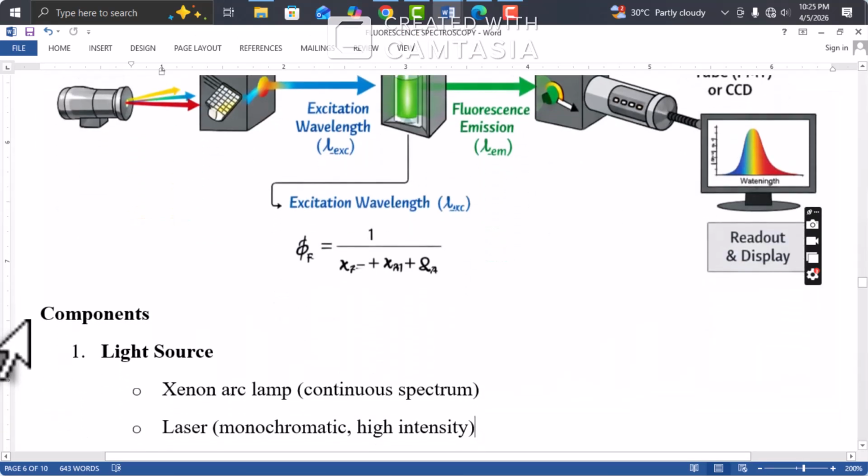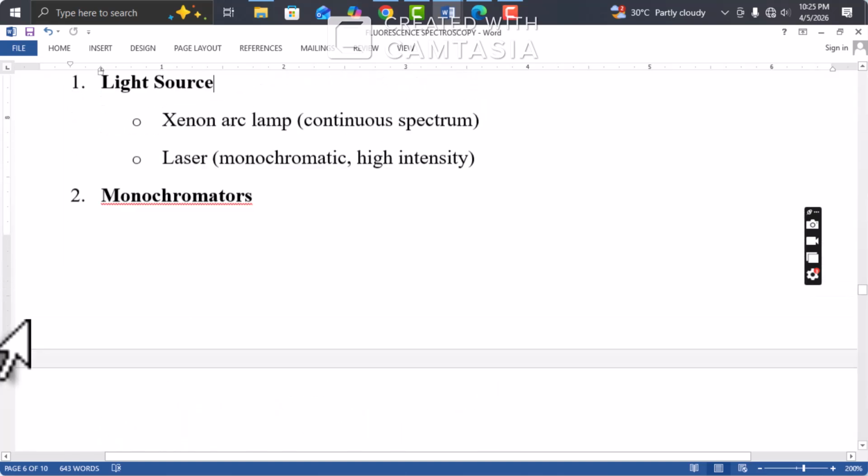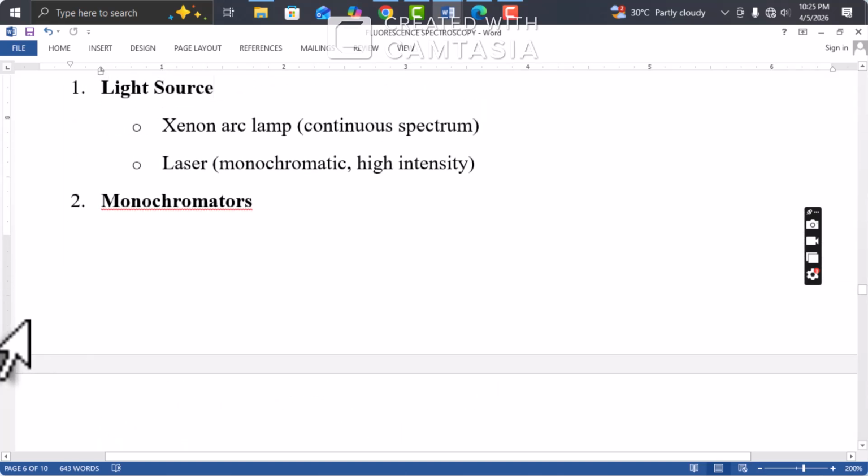Now we come to the components. First, the light source. What light sources can be used for a fluorescence spectrophotometer? The common one is the xenon arc lamp. Another source that can be used is the laser.